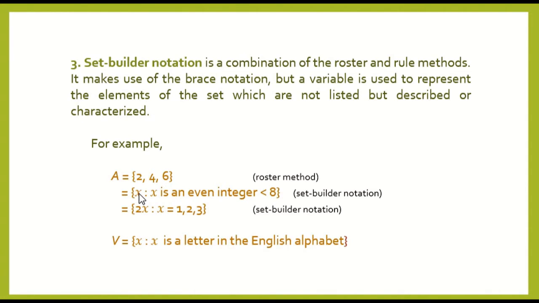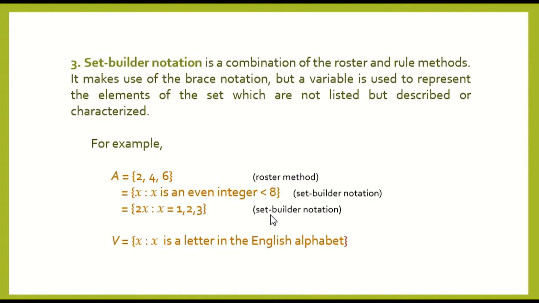We have x, which is a representation, or you can use any variable that represents the elements of the set. They are enclosed also by braces. The colon here is read as such that. So again, set A is equal to x such that x is an even integer less than 8.